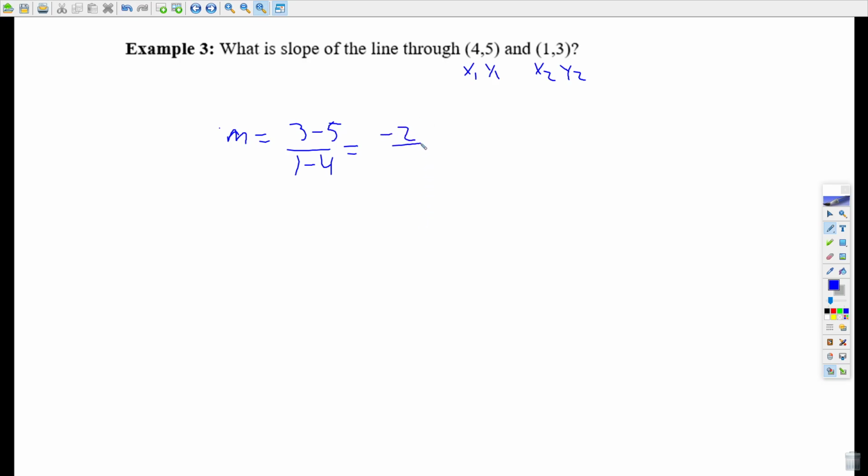So it'd be negative 2 over negative 3. If you have two negatives being divided by each other, it would become positive. This would also be a decimal, so you can either keep it as a fraction or this would be 0.6 repeating. Either one's fine though.